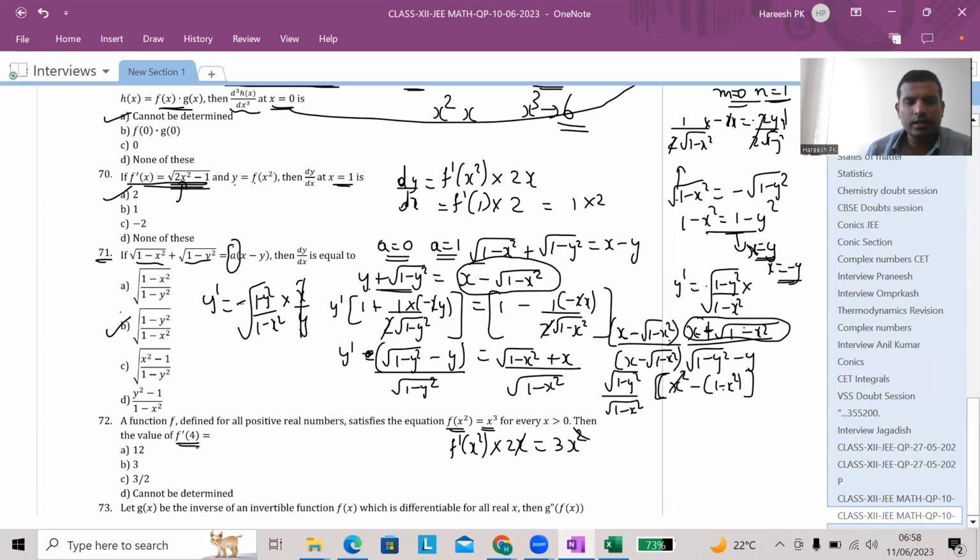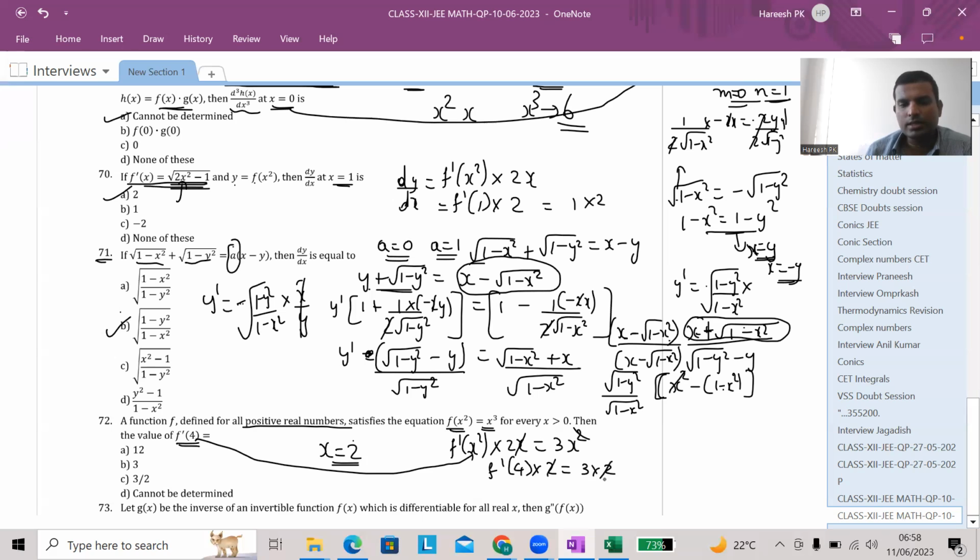Now they're asking f dash 4. F dash 4 means I will have to substitute x either as +2 or -2, but they are saying f is defined only for positive real numbers. So x has to be +2. If x is 2, then f dash 4 into 2 is equal to 3 into 2.